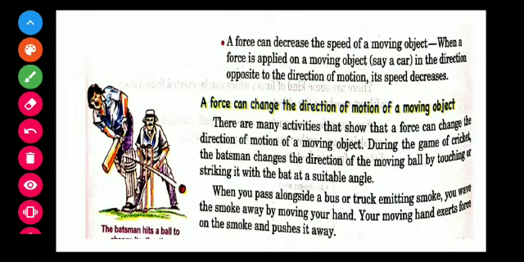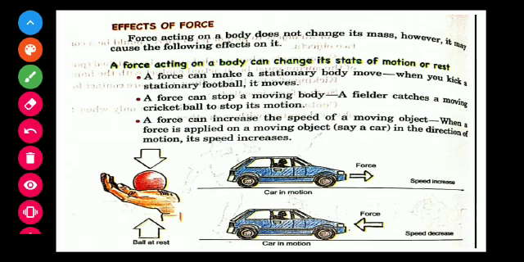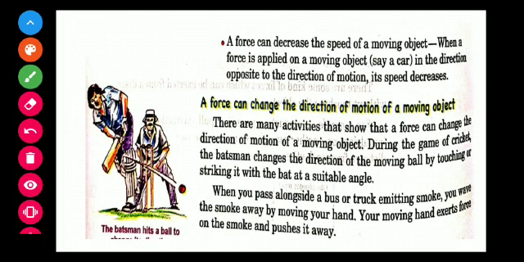Next example, a force can decrease the speed of a moving object. If we apply a force in the opposite direction, there is a decrease in the speed of the object.